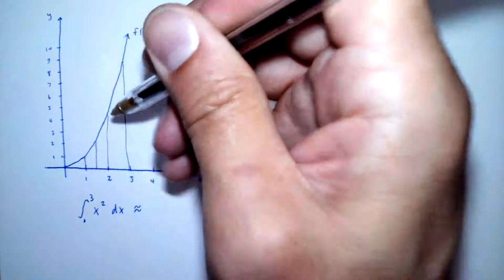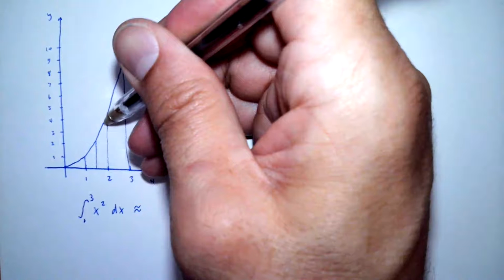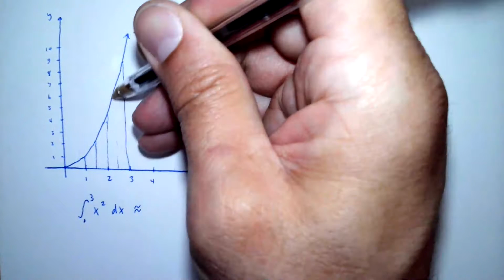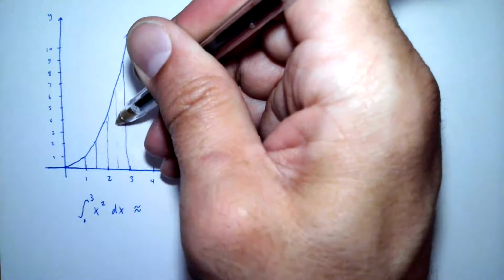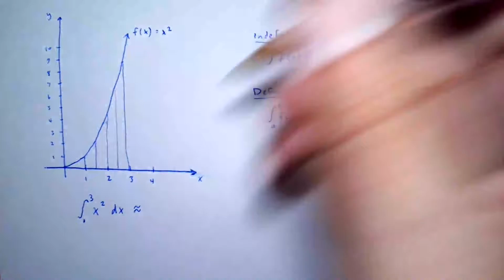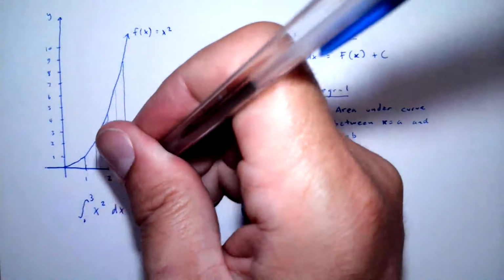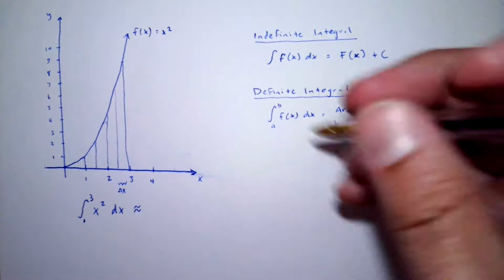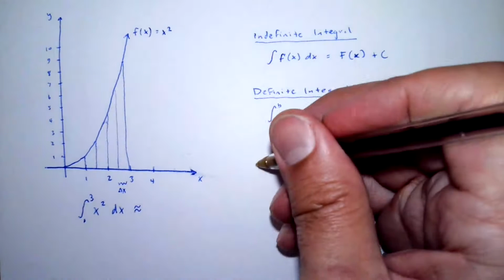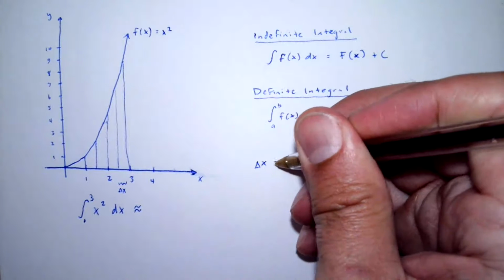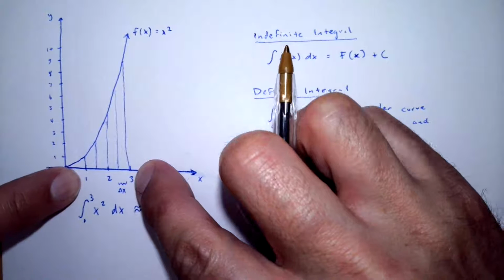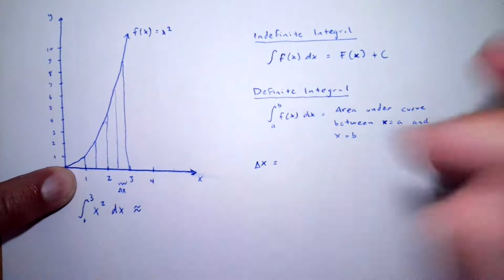We want our rectangles to have kind of a regular width, a nice predictable width. And we'll call that width delta x. Now, how do we figure out delta x? Well, if we want it to be the same for each one, we're going to look at the length of our interval, where we start to where we end.